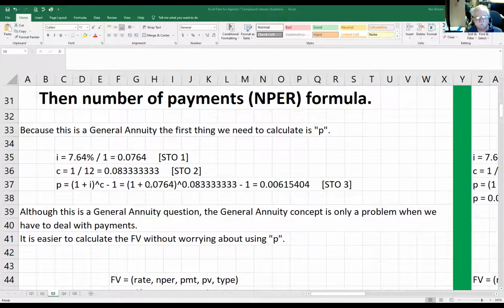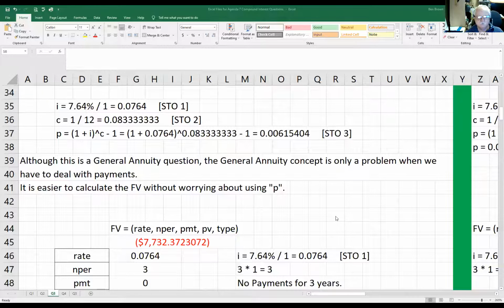And then we can find P. And we're going to store this in register 3. So make sure if it's a general annuity, you can do this ICP process and come up with P. And you're always going to want to store it.